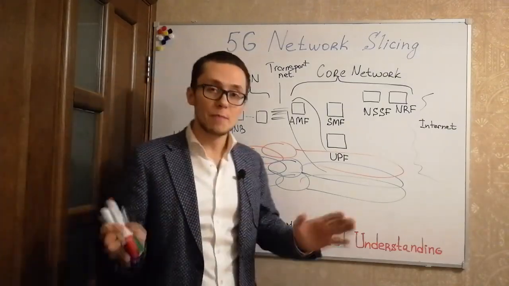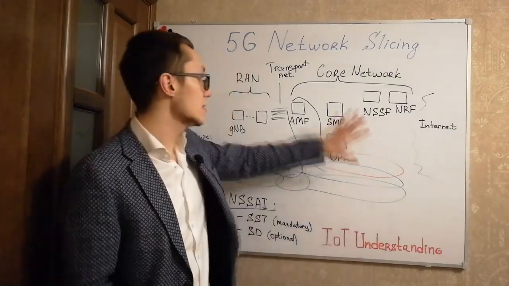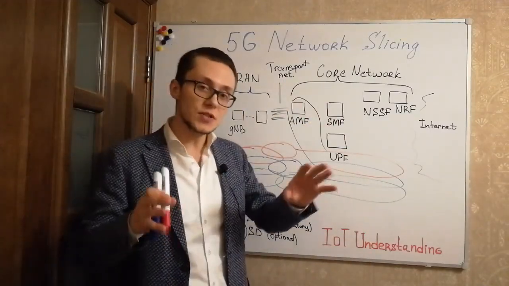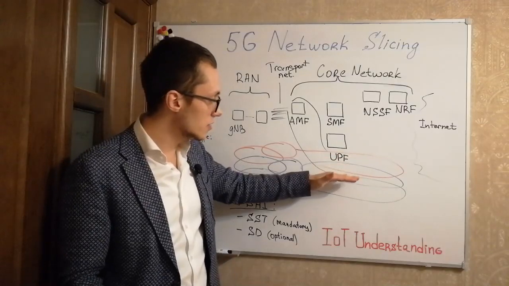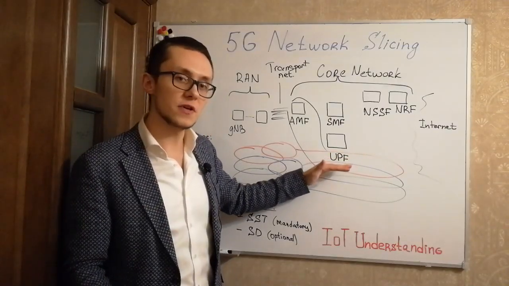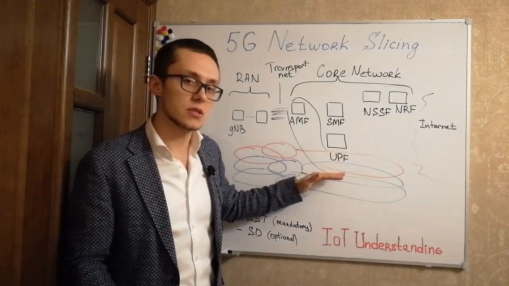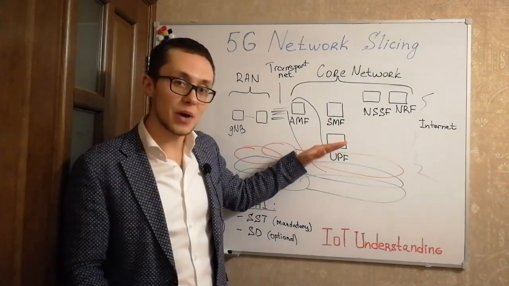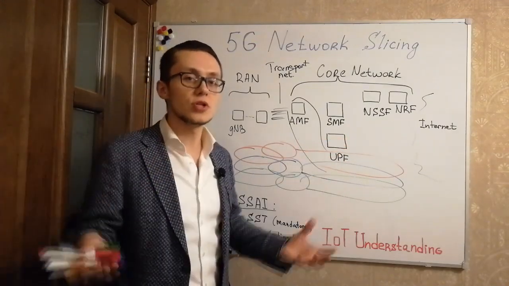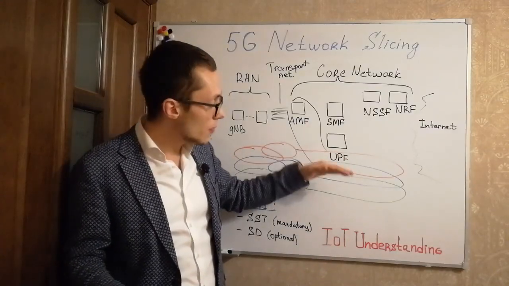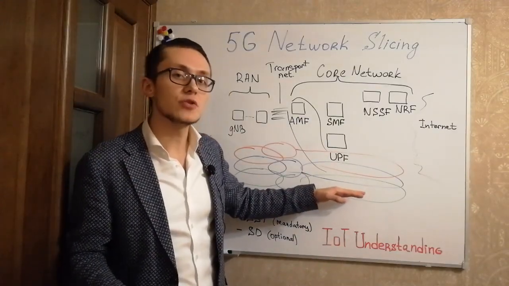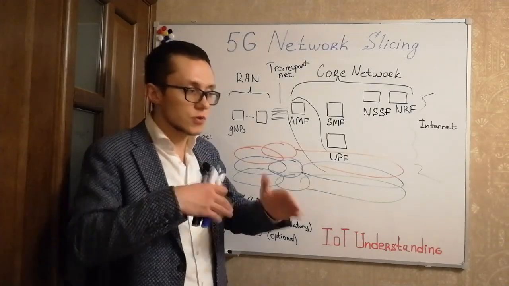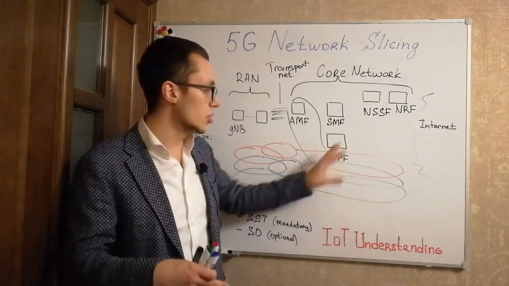But again, the main idea behind network slicing in 5G is to isolate different traffic cases, to isolate mobile broadband, just traditional traffic, from mission critical traffic, in order not to affect each other.